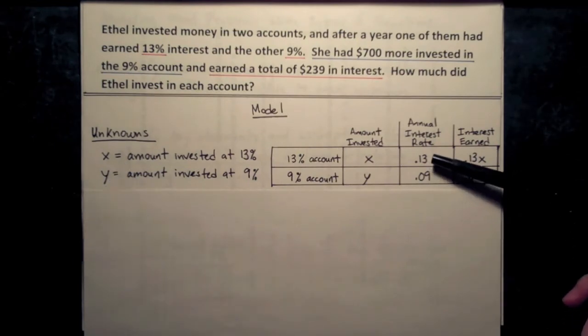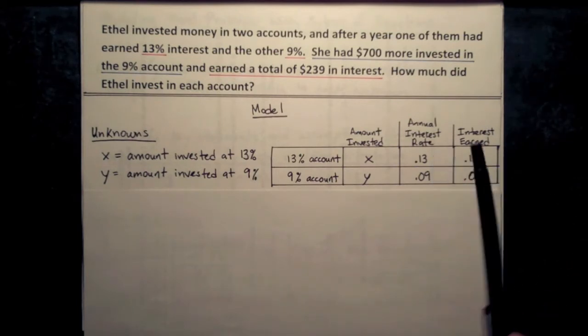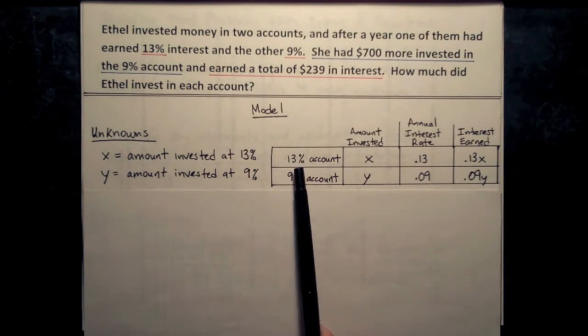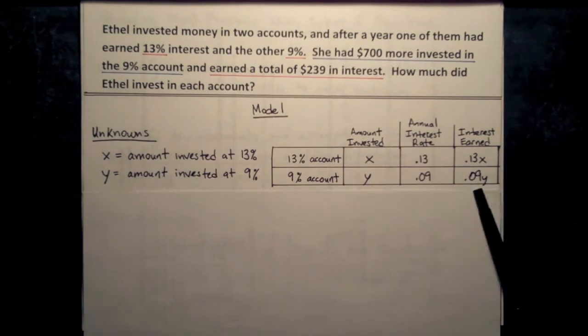The second column states the interest rate for each account, which we wrote as a decimal. You shift the decimal two places to the left when you drop the percent sign. So we get 0.13, 0.09. And the last column gives the interest earned for the year in each of the two accounts.